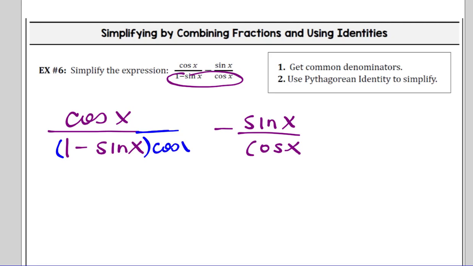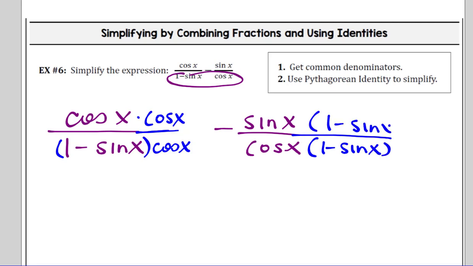Cosine x. And then over here, I'm going to multiply top and bottom by 1 minus sine x. Okay, that way now my denominators are going to be the same. Everybody see that?